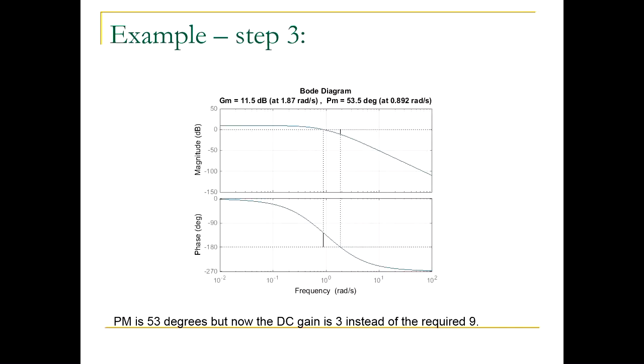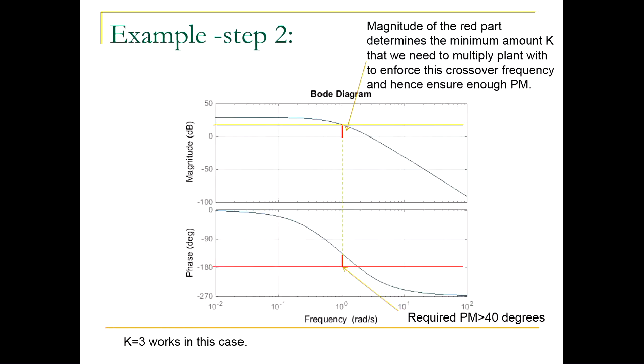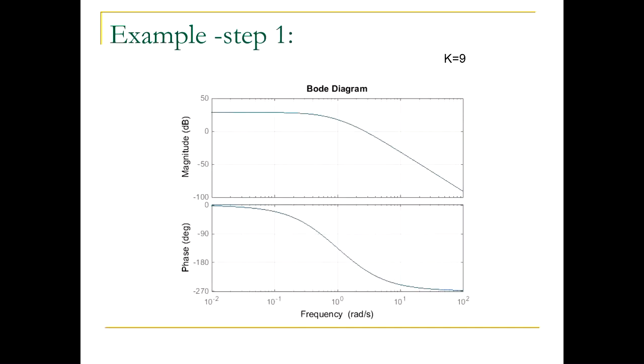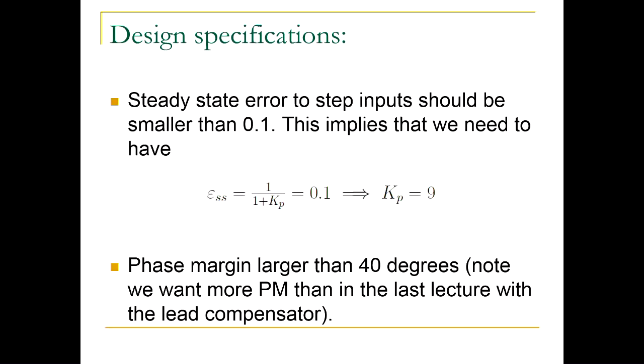So the first thing was to design, to find the amount of gain which would give us the right steady state error, right? So by the way, maybe I should draw this on the board.